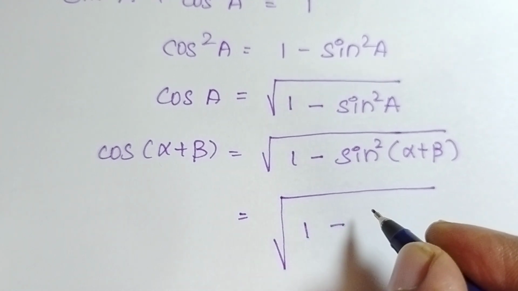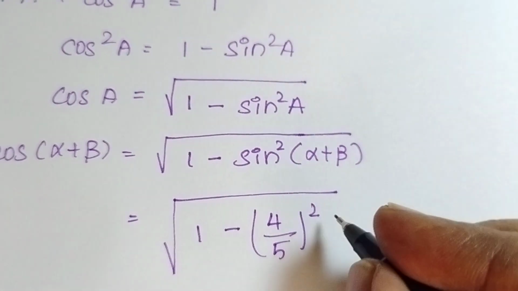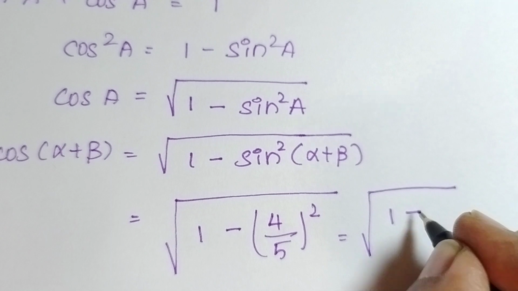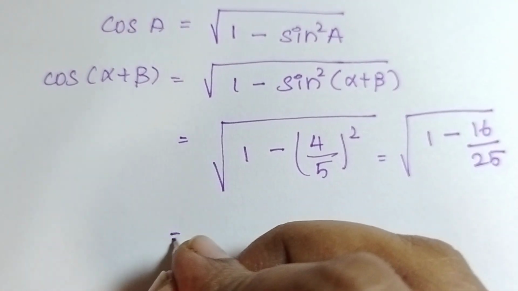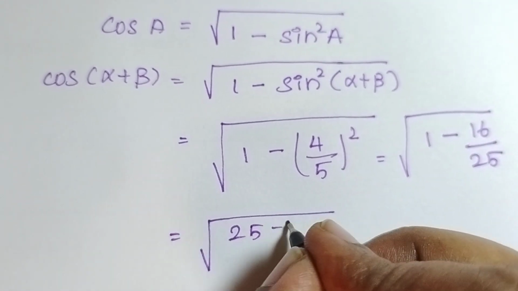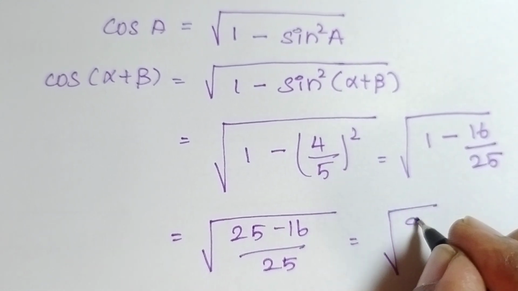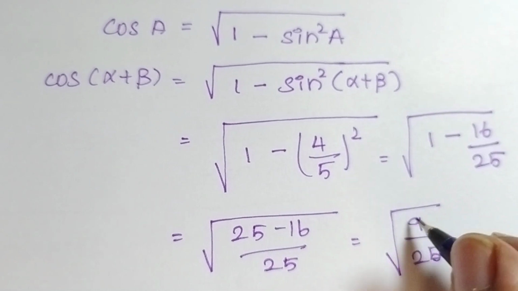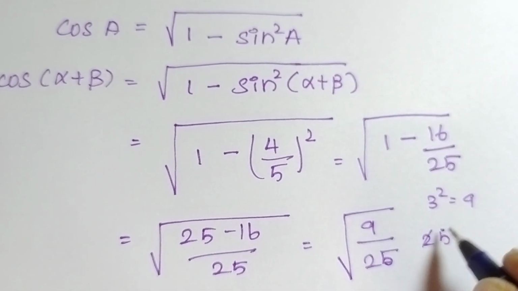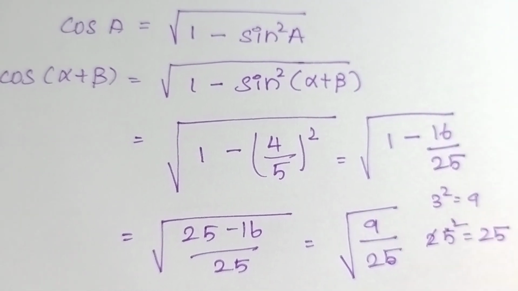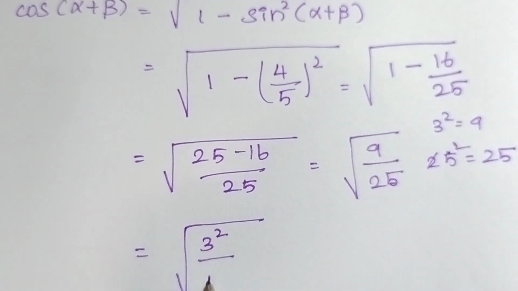Therefore 1 minus 4 by 5 the whole square, which is equal to the root of 1 minus 16 by 25, that is root of 25 minus 16 divided by 25. 25 minus 16 is 9, so 9 divided by 25. 3 square is 9 and 5 square is 25, so I write this as 3 square divided by 5 square.